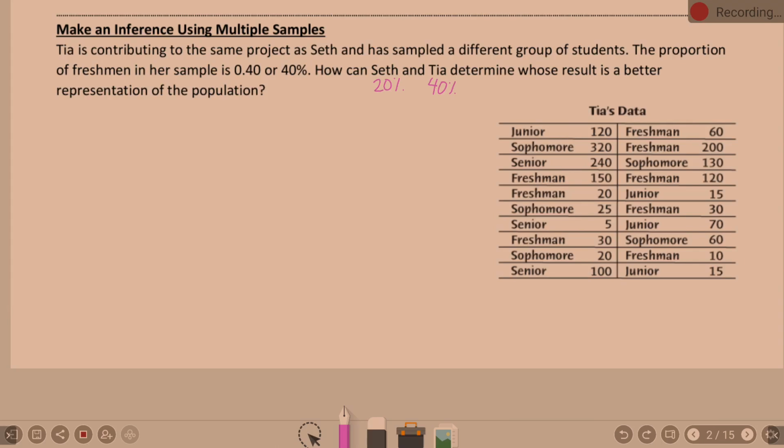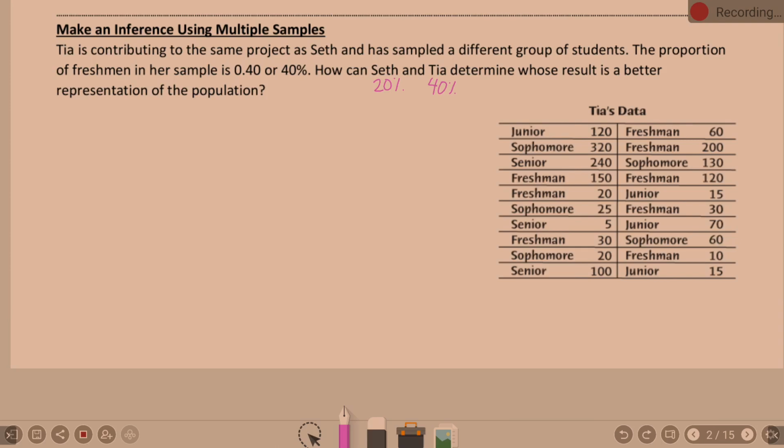Yeah, people drop out. So now, here's the deal, guys. Not looking at the data of what we have here. We have Seth's numbers, we have Tia's numbers. What if we go with the idea of we need more? How could that help us? Could we look at more samples? What if we have more sets of 20 students?